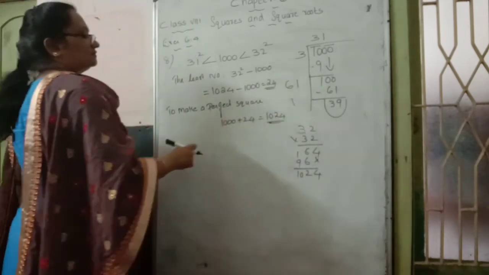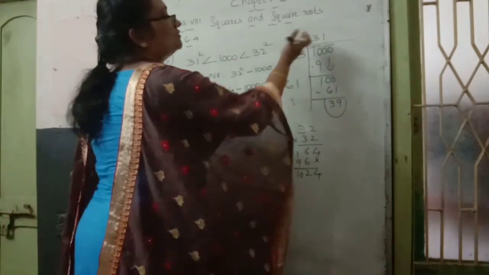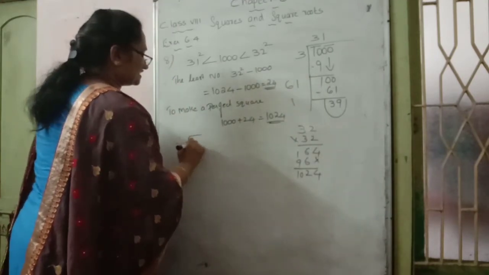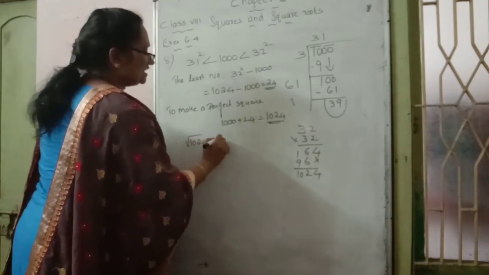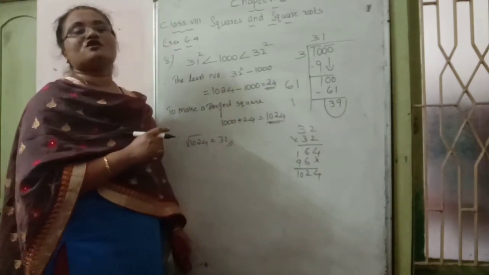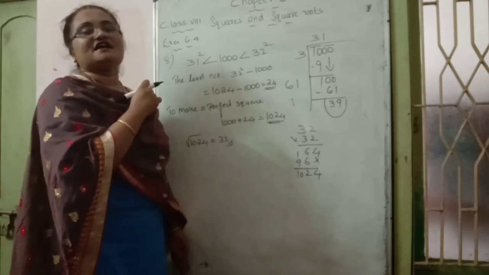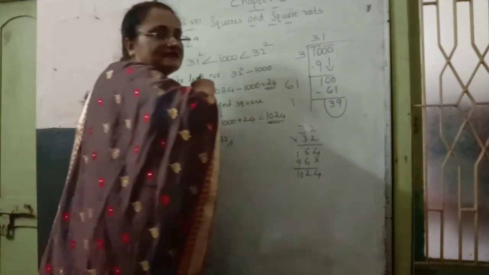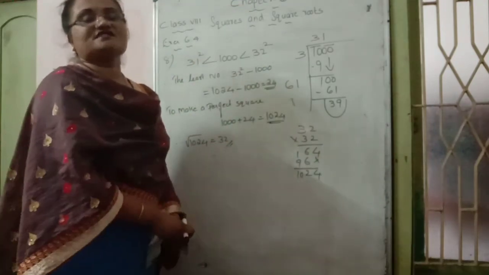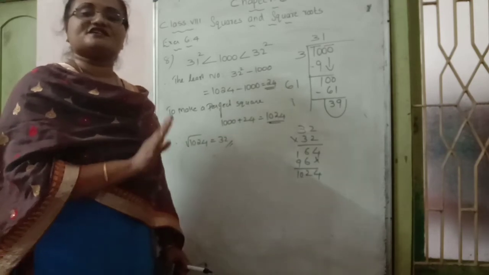Then the square root of 1,024 is 32. Therefore the square root of 1,024 equals 32. So how many more plants are required? 24 more plants are required for planting. Only then can he clearly plant with the same number of rows and columns. I hope you can understand this one. Also, the chapter is completed. Thank you.